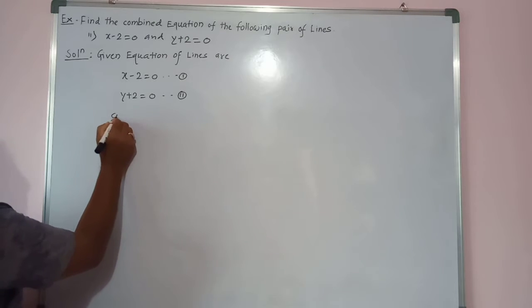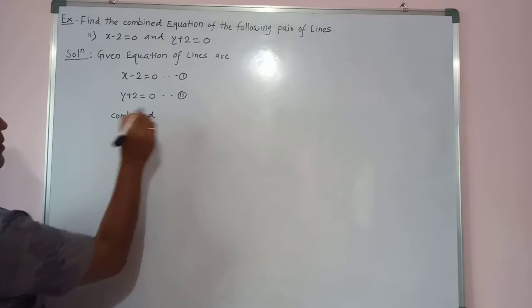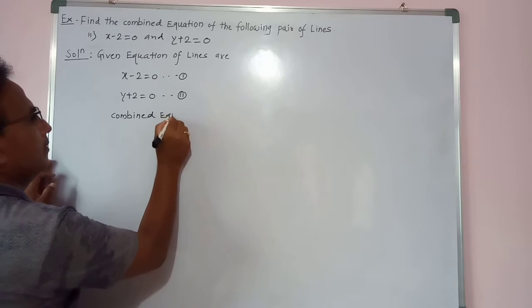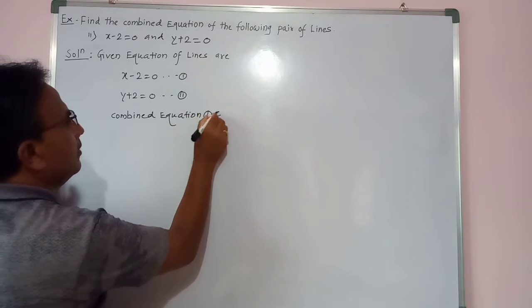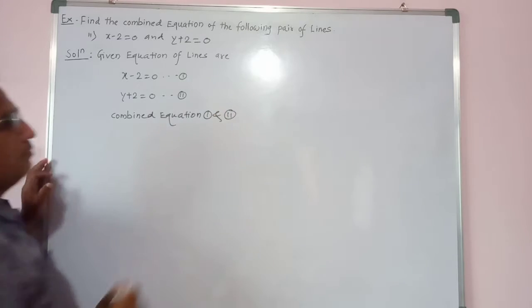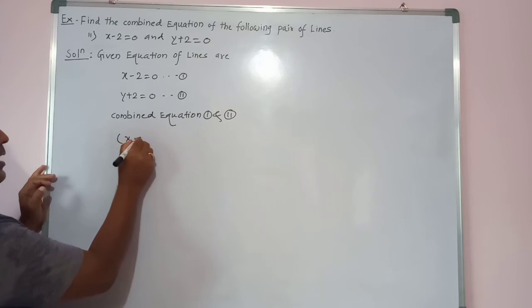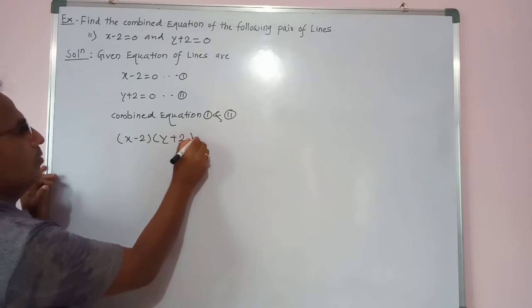Combined equation first and second. Therefore, x minus 2 into y plus 2 equal to 0.